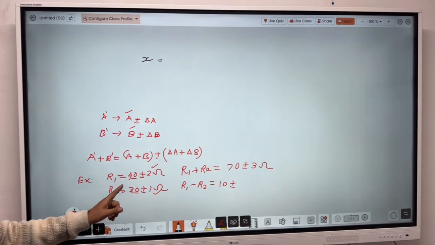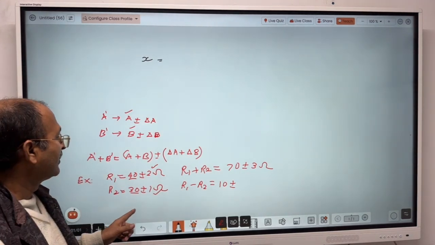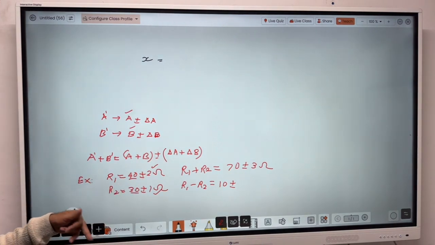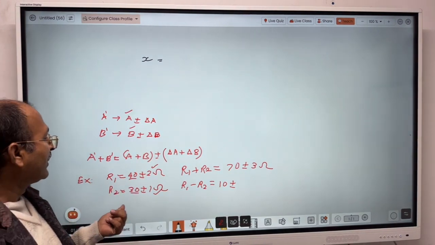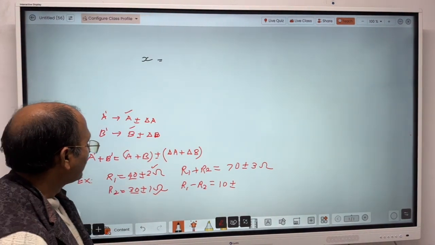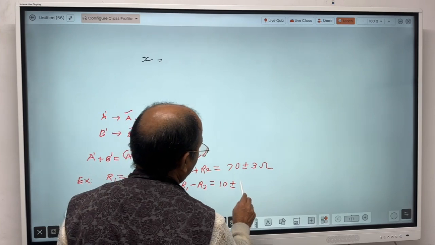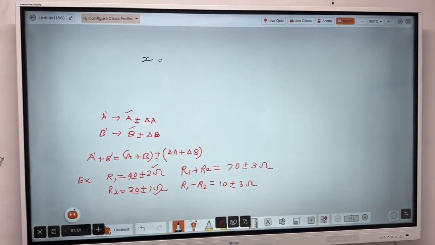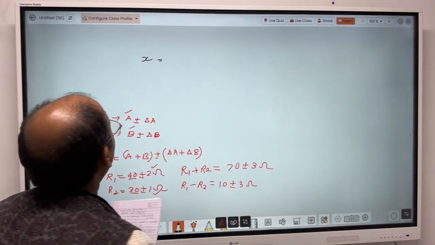No. Keep in mind, errors are never subtracted. If you commit one error once and the second error second time, does it mean that the two errors are going to compensate each other? No, your error will increase. So definitely this will become plus minus for you. So I think you have understood this concept also.